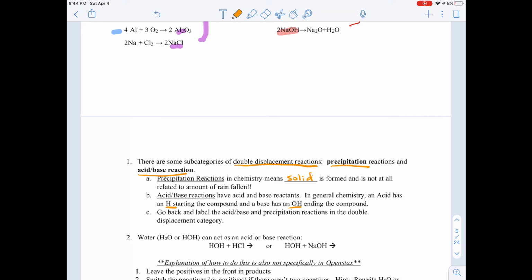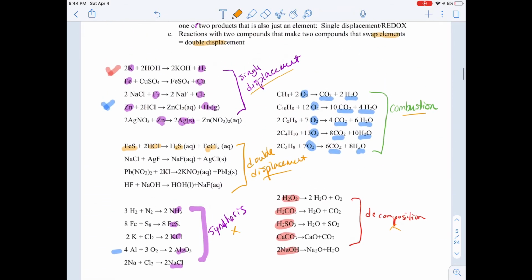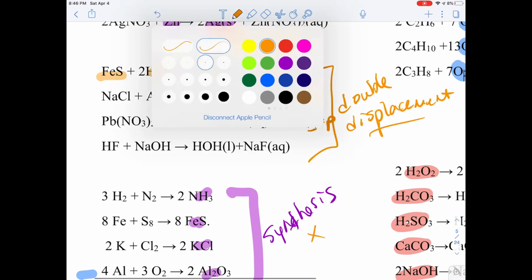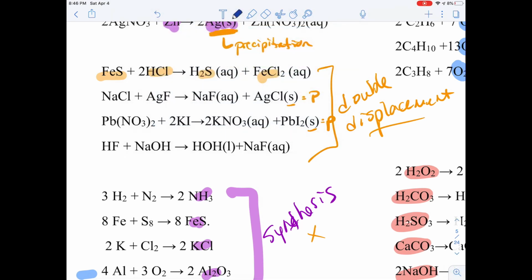Okay, now it says go back and label the acid base and the precipitation in the double displacement category. So we're going to double displacement, and first we're going to look for when it makes a solid and call it a precipitation. So look, here are our solids. These are our precipitation reactions. And then where's the one that has an, oh, check this out. Here's our H, and here's our OH.